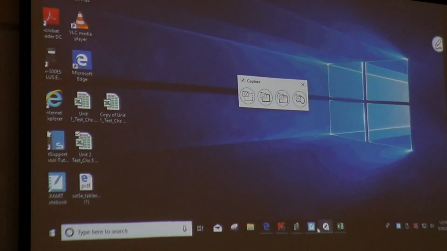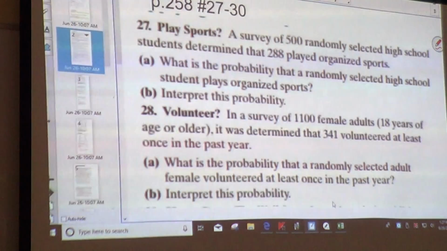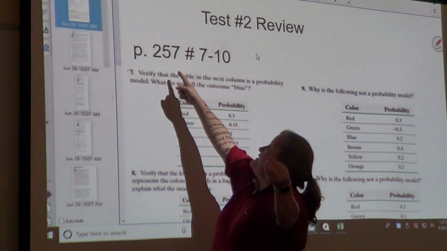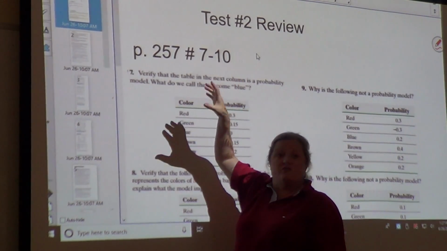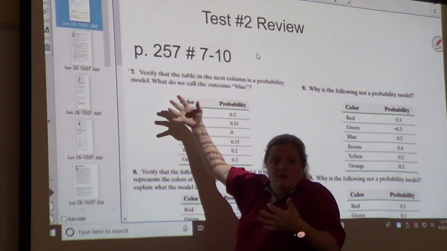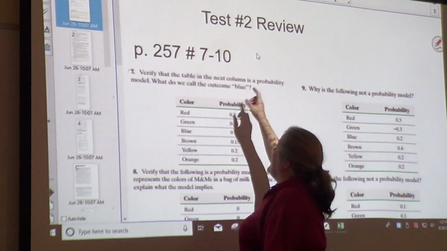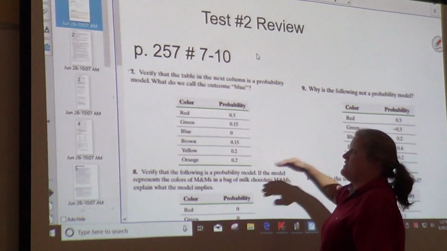So, where is it? Right here. So number 1 said, go back to page 257, problems 7 through 10. So this is literally in your book, electronic book through D2L, page 257, and I pulled over problems 7, 8, 9, 10.